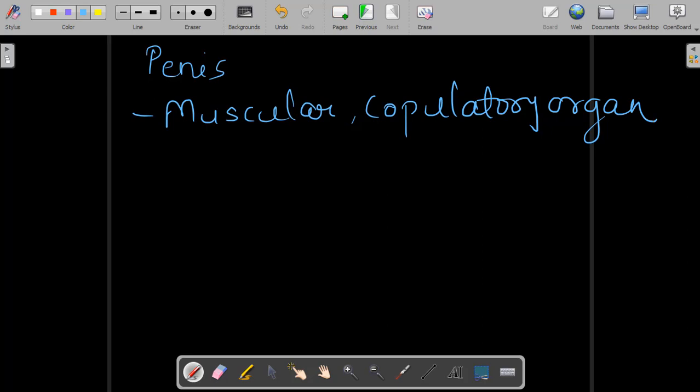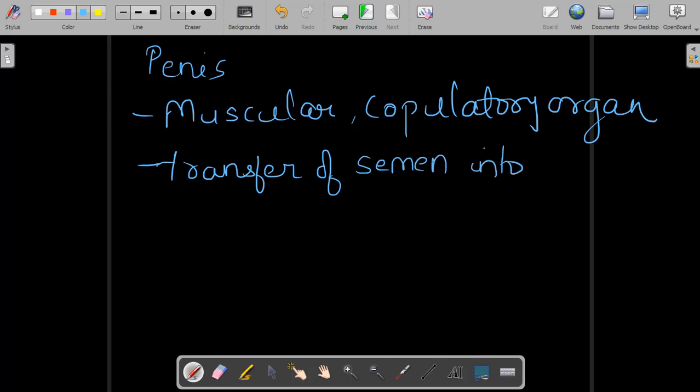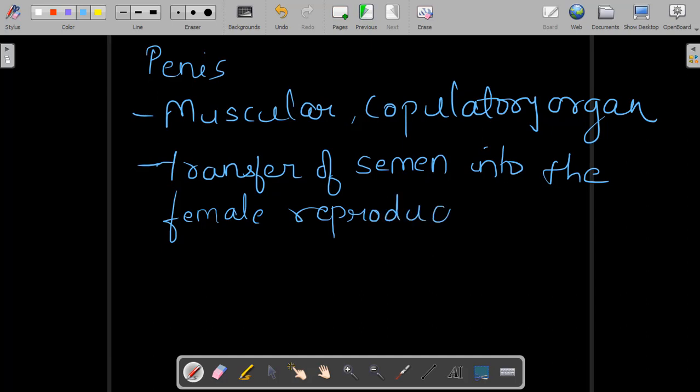Okay, it is a muscular copulatory organ, and what is its function? Transfer of semen into the female reproductive system.